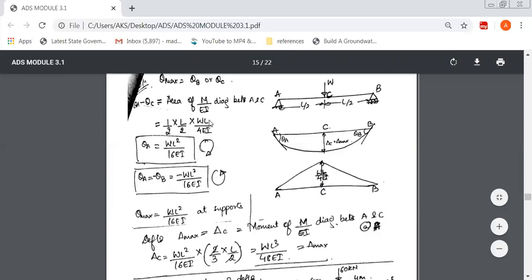So half into base into height gives WL square over 16EI. The answer is positive.